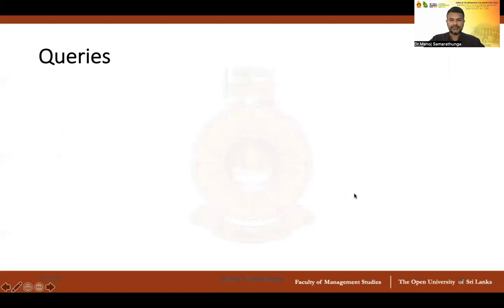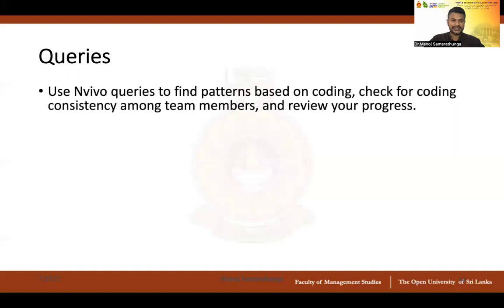And thereafter, the other important function we have in NVivo is the queries. You can use the queries to find patterns based on coding, check for coding consistency among the team members, and review your progress, right? The queries will help you to identify particular data sets, particular data patterns, which will appear inside your project.